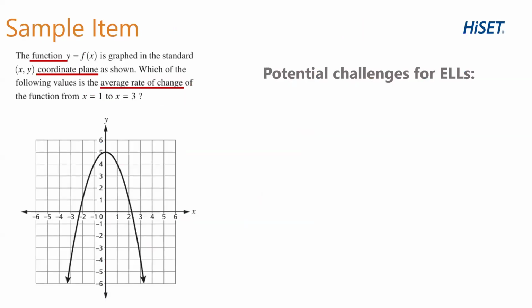Okay, so here's a sample item. I don't know if you can see clearly, but I underline the vocabulary words that are more discipline specific. As you can see, there's a graph and there's some description of the graph above. So with these types of math items, you can envision some potential challenges for ELs.